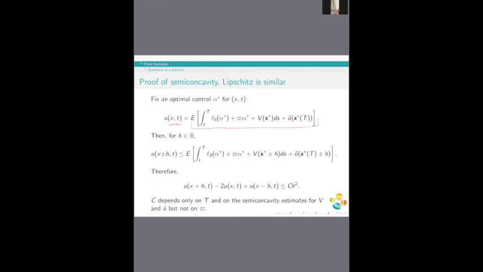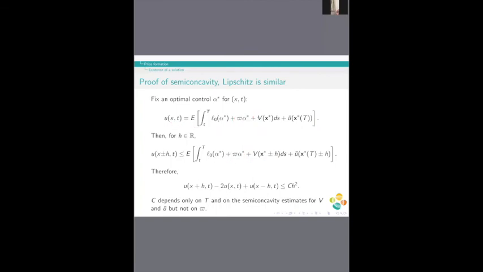You take a minimizer, you shift the minimizer to the right or to the left, and what happens is that the price cancels in the inequality. So the standard proof of semi-concavity doesn't see the price, because this thing cancels in the proof. So that's why you get semi-concavity estimates which are uniform in the price.